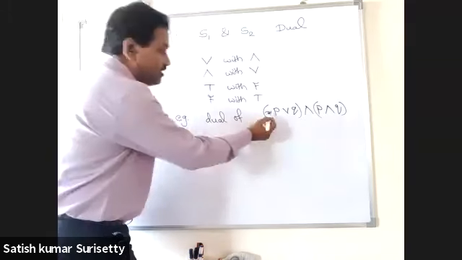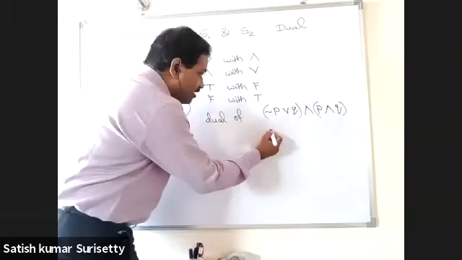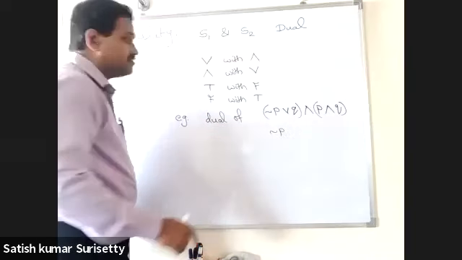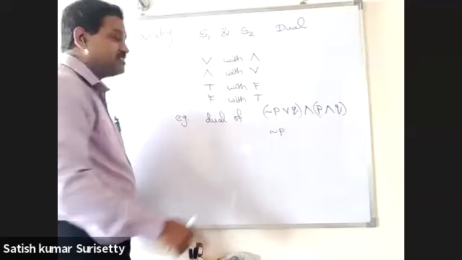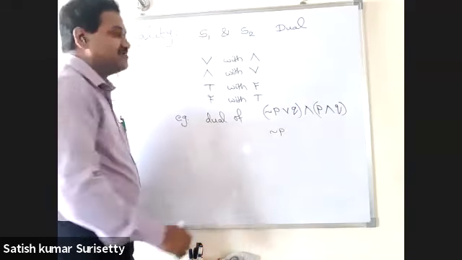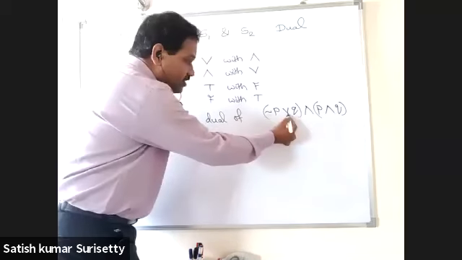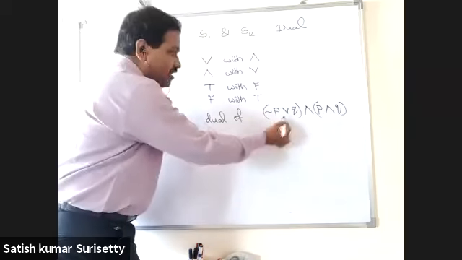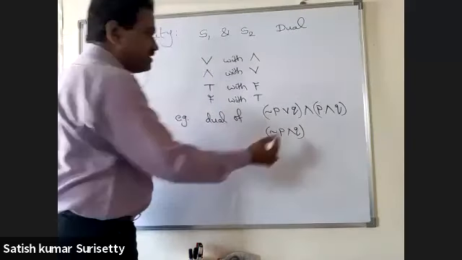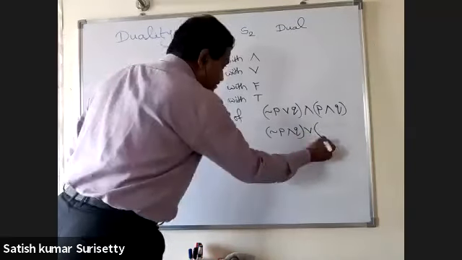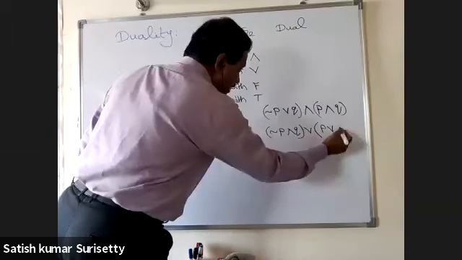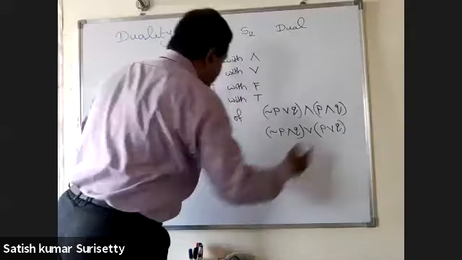Negation of P stays only, and true with false. It can be true or it can be false, it should not change. So negation of P, or with and, Q. Next, and with or. P will be as it is. Now and with or, Q. This will be the dual.